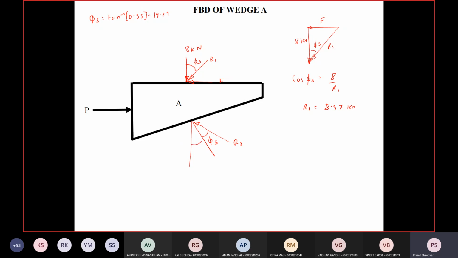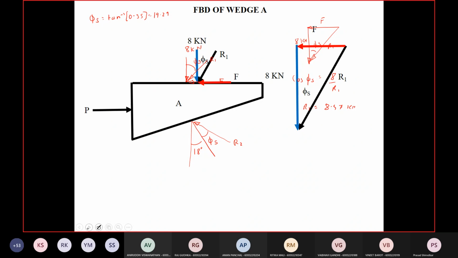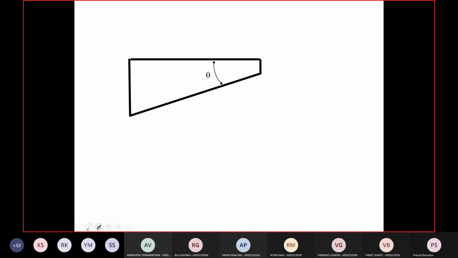And this angle is 18 degrees. So now let's go to the next slide and see the diagram. P, R1, R2. And now let's write Lami's equation.